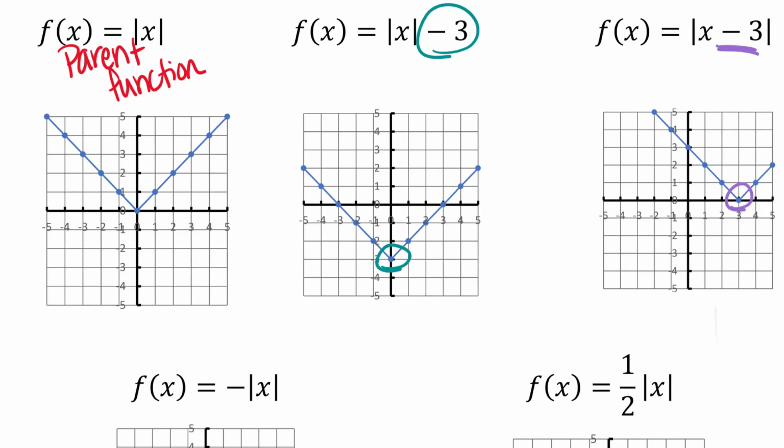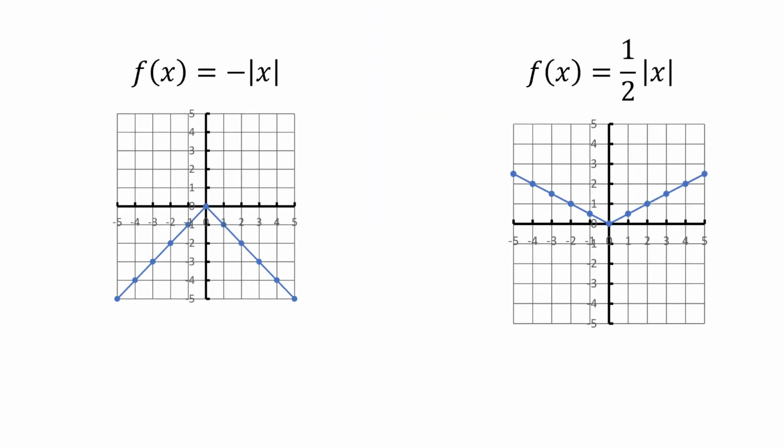Let's look at those last two problems that we did. All right, so for f of x equals negative absolute value of x, that negative on the outside, remember, that flips our graph upside down. It's called a reflection. It reflected. It took it from a V to an upside down V. And then that last one, we had that 1/2 times the absolute value of x. 1/2 is between 0 and 1, so it compresses.